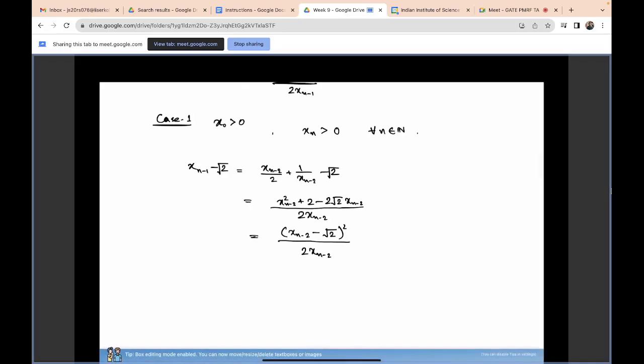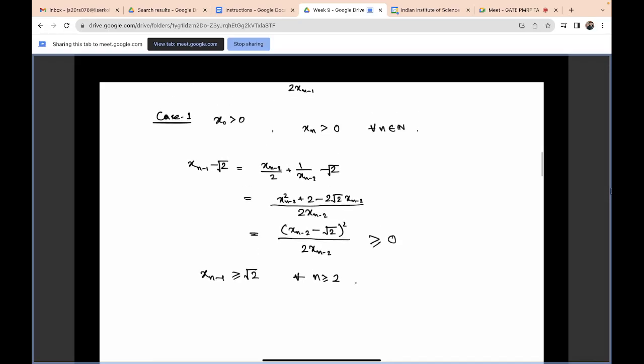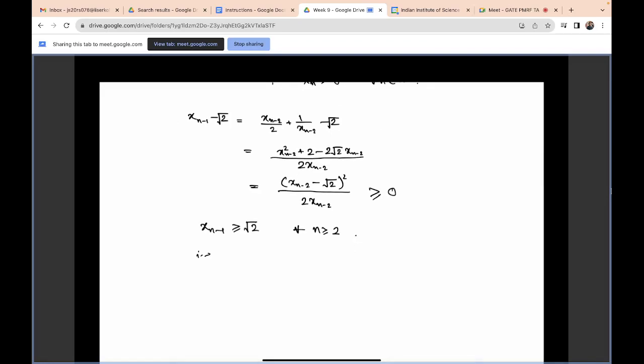Now note that we have chosen x_0 to be positive so that all x_n's are positive. So this quantity is always greater than or equal to 0, which implies x_{n-1} is bigger than root 2. This is the same as x_n is bigger than root 2 for all n greater than 1.